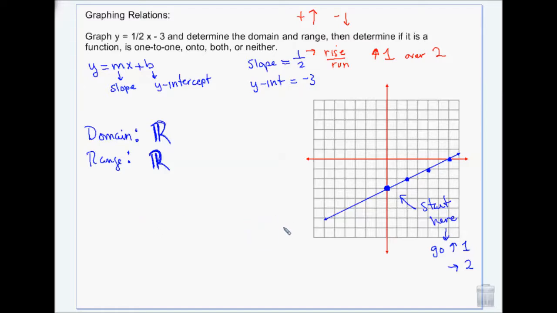Okay, now we want to know, is it a function? Well, will it pass the vertical line test? Yes, so it is a function. And then we want to decide, is it one-to-one, onto, both, or neither?